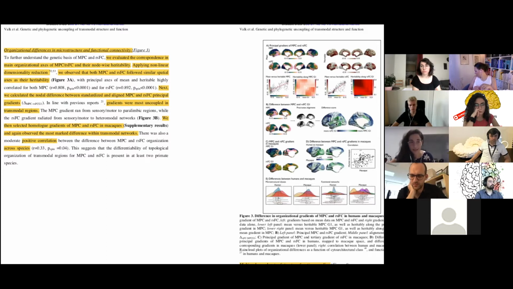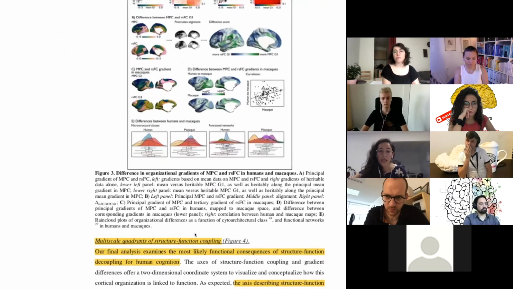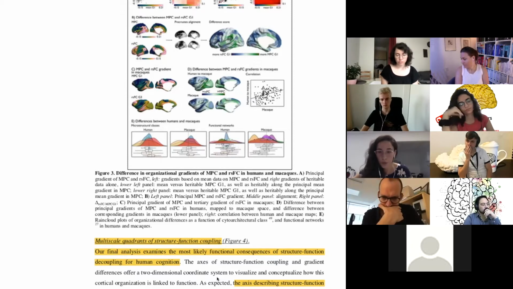Then they selected the homologous gradients of structural and functional matrices in macaques. And again, they observed that there is the highest uncoupling within the transmodal systems. Finally, the authors looked for the functional outcome that the structure-function decoupling will cause.